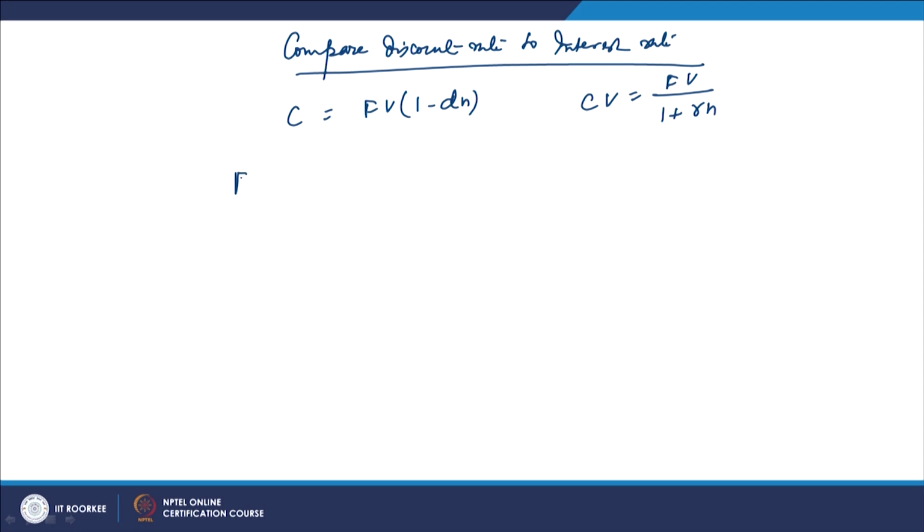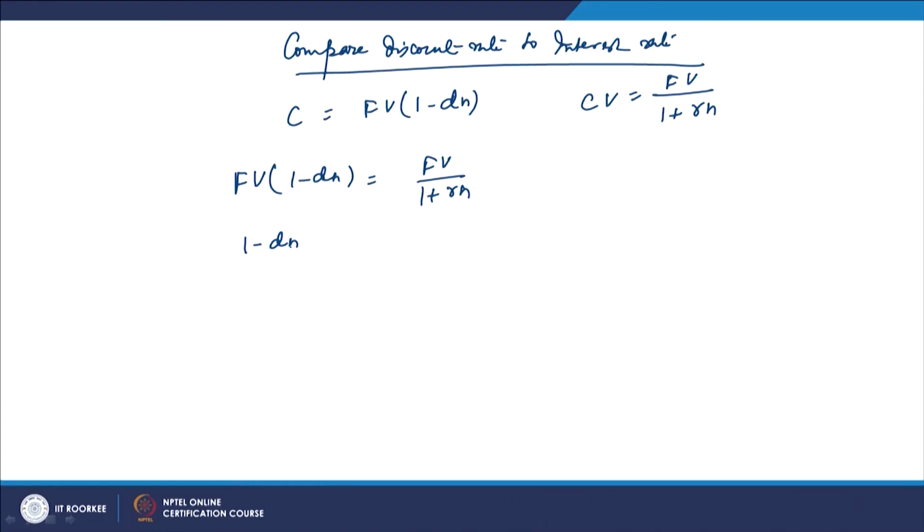Normally, this proceed becomes the same as the current value of the maturity amount. So, we are equating these two and we get Fv into 1 minus Dn will be the same as Fv by 1 plus Rn. That is what it is for the proceeds at the present time.